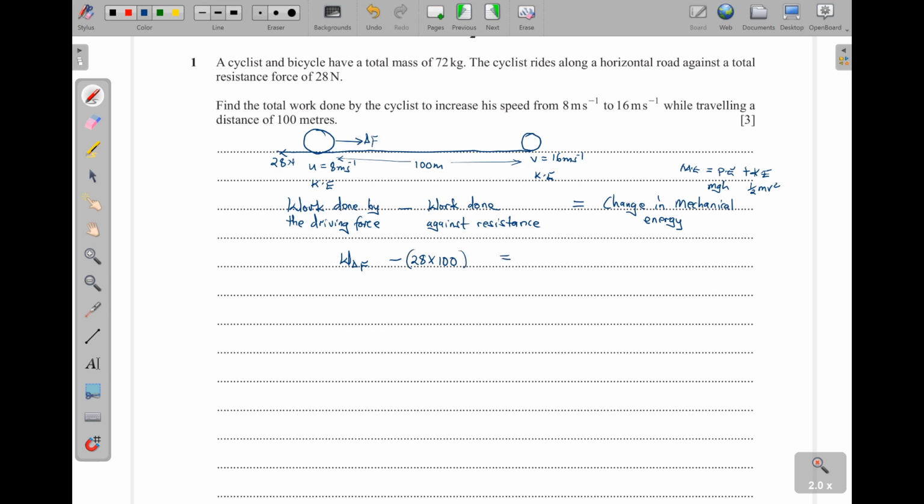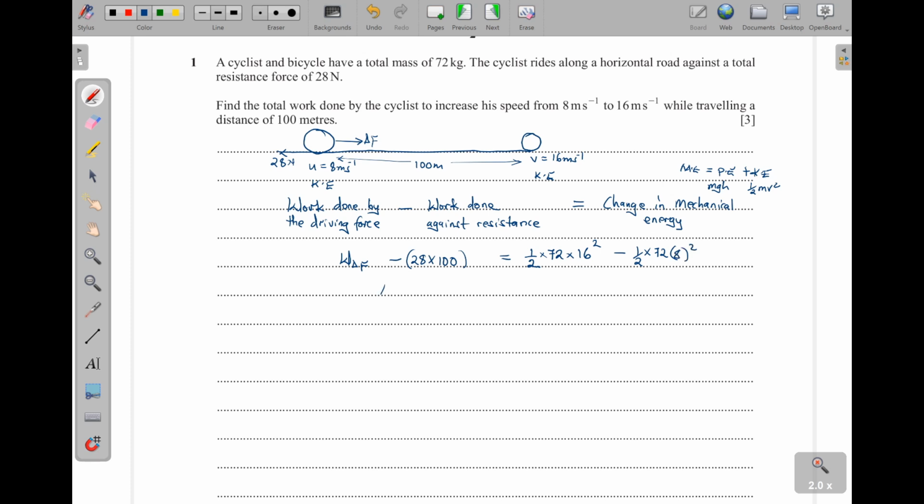For the change in mechanical energy, we take the final kinetic energy, a half times 72 times 16 squared, then subtract a half times 72 times 8 squared.